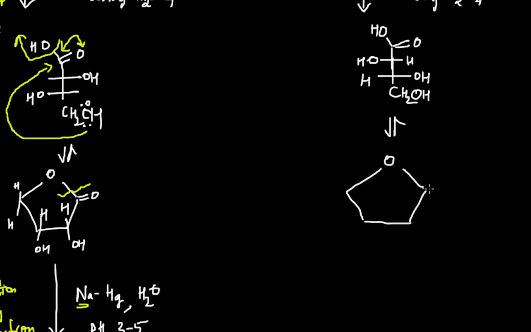The next step is lactonization. The lactone is formed because this will attack this particular carbon, open up, close back and kick out this hydroxyl group. So your lactone is formed. Lactones are basically cyclic esters.